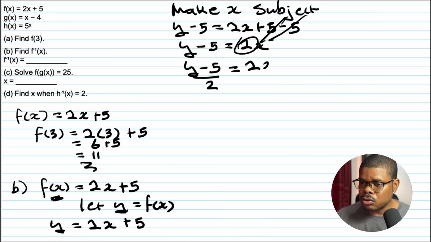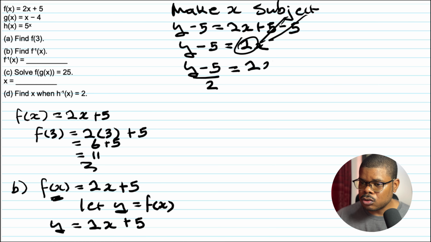But we're asked to find f inverse of x. Okay, so that means that we need to change this y to x because we are dealing with x. So that means that f inverse of x is equal to x minus 5 over 2. So this is the solution for the B part.